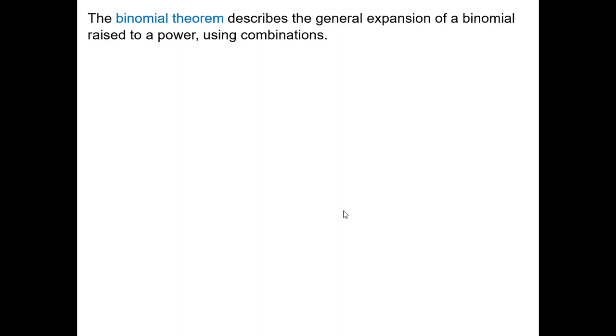The binomial theorem is what we're going to use in order to use combinations or factorials to find the coefficients that Pascal's triangle actually found for us originally. So we're going to take an example to see what's going on. Now remember that when I was expanding a plus b to the power of n, the first term was a to the power of n and it had no b's.